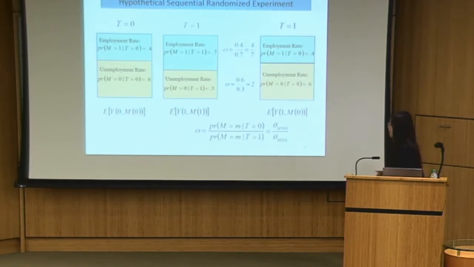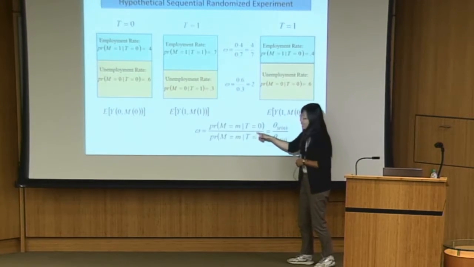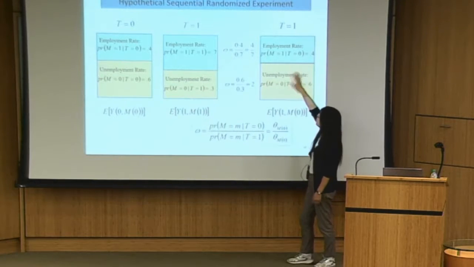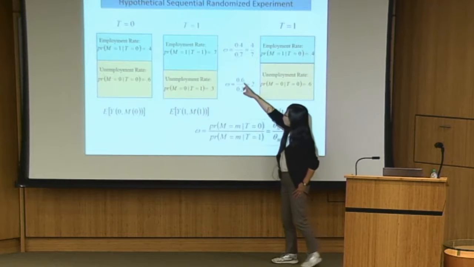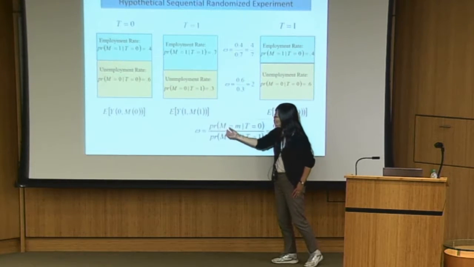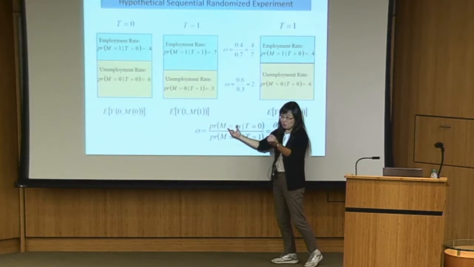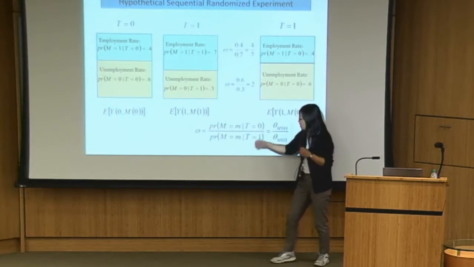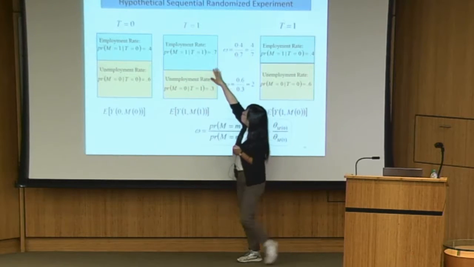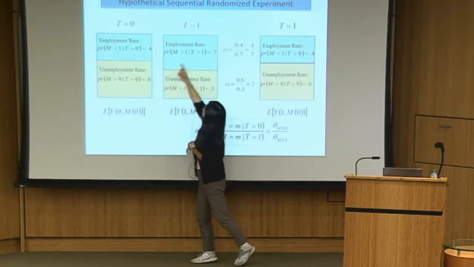And now I write the general form of the weight, right? So under sequential randomization, the numerator of the weight is simply the proportion of people who are in a certain employment category in a control group. So if you're employed, the numerator is 0.4, right?